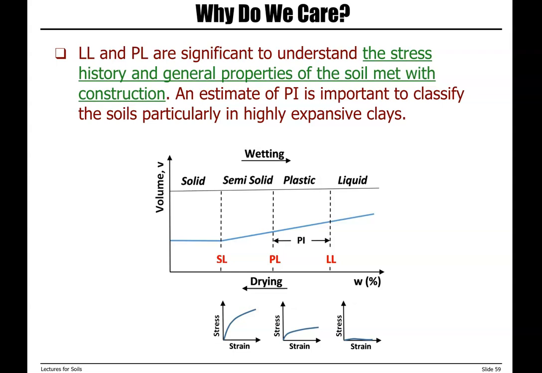Liquid limit and plastic limit are important to understand the stress history and general properties of soil met with construction. So this is a number that we will use later in the soil classification lecture to come up with a symbol that is used to classify a soil sample. And again, this is very important when we have cohesive, fine-grained soil that has clay.